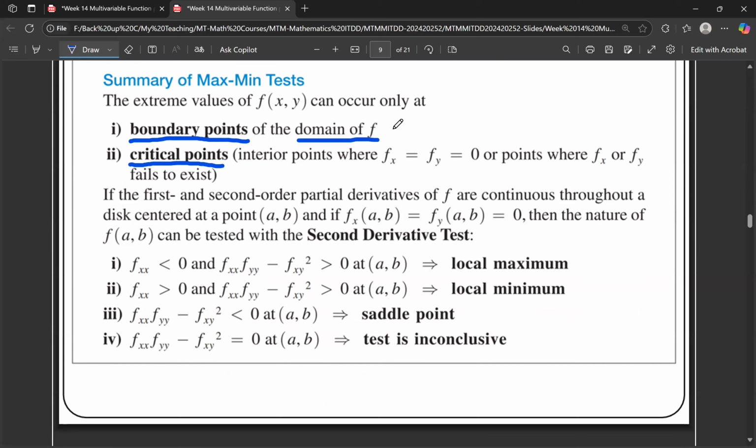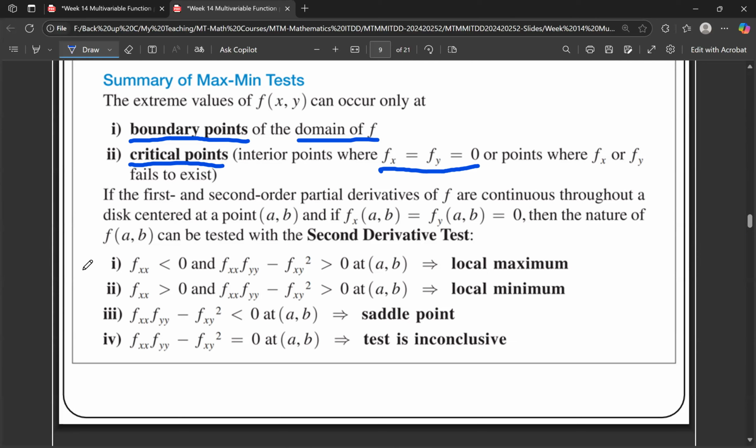Sometimes the boundary is given, or sometimes by logic we can determine the boundary points of a function. Critical points come from this equation, and we get points, which are called critical points.